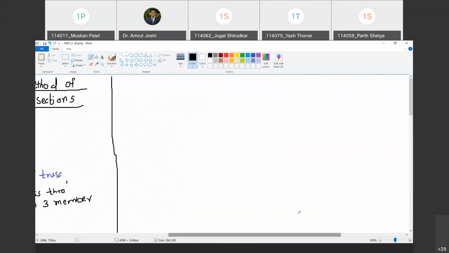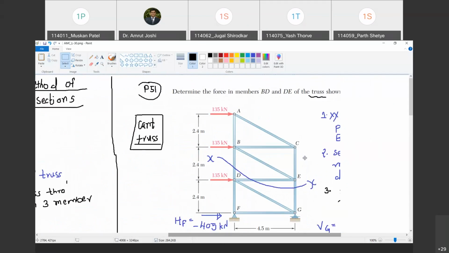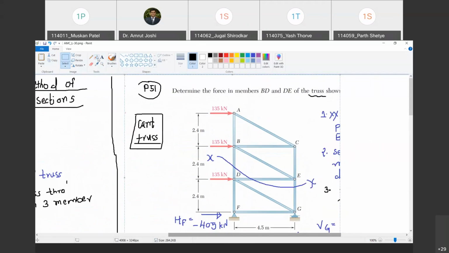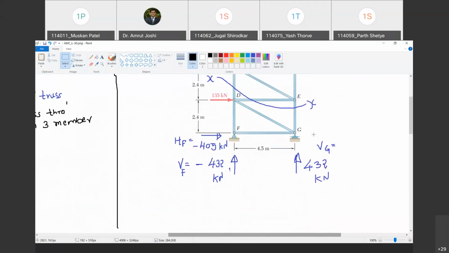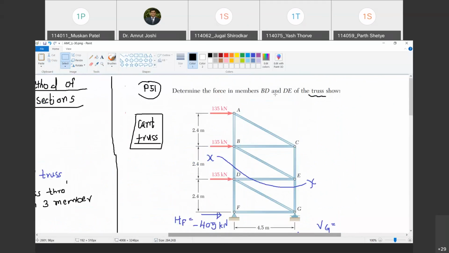And now we are going to solve the same problem, but I am going to change the problem statement. Instead of calculating the force only in member DE and BD, now I want forces in all the members. Are you with me? Yes, sir.